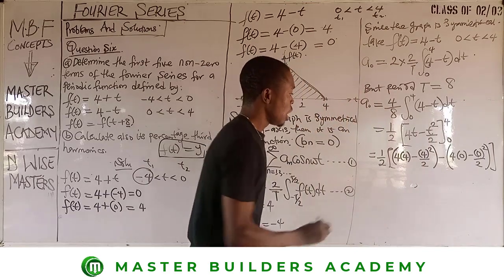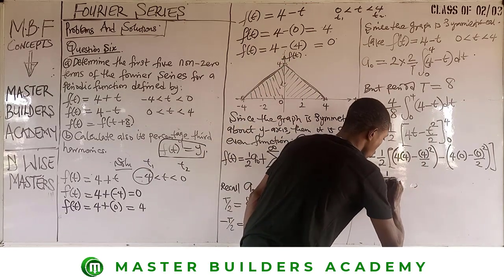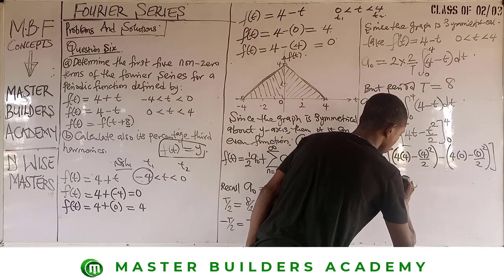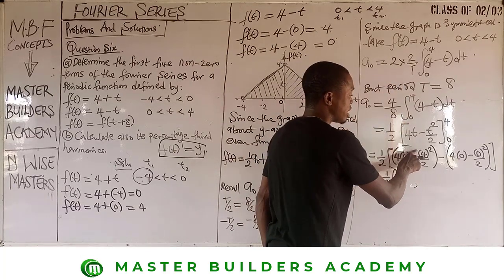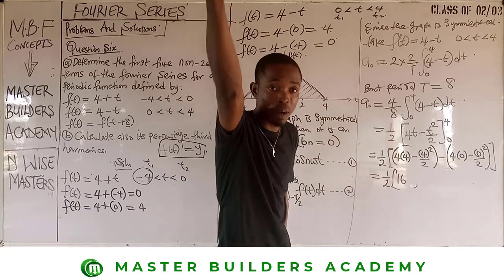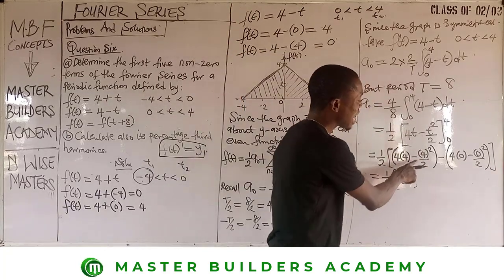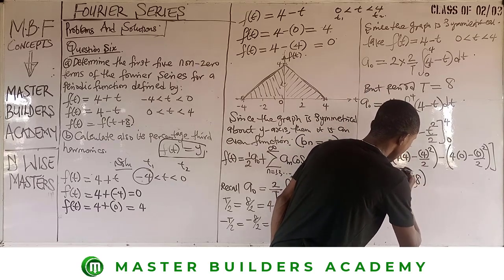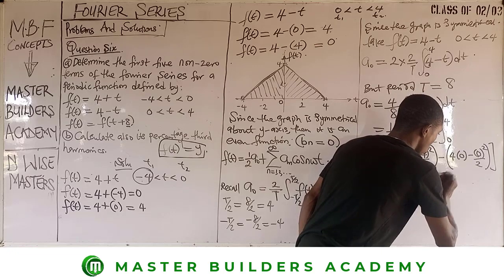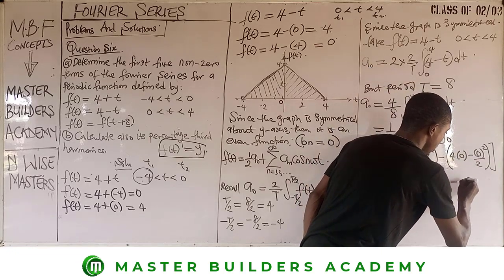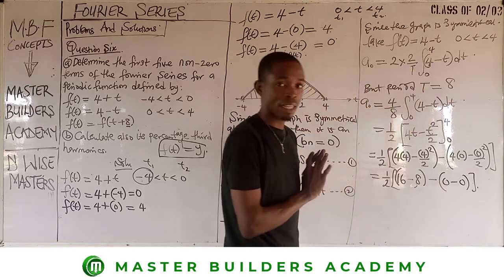All we need to do now is that it will give us 1 over 2 into 4 multiplied by 4, which is 16, minus 16 divided by 2, which is 8. This is what we have for this. Then minus open bracket, 4 multiplied by 0 is 0, and 0 squared divided by 2 is 0. That's it.